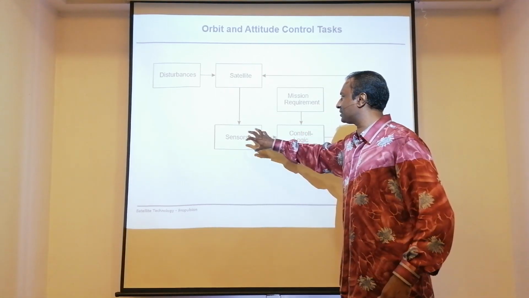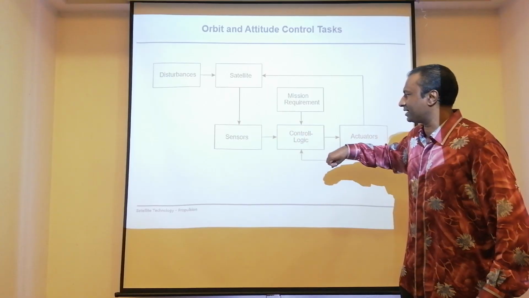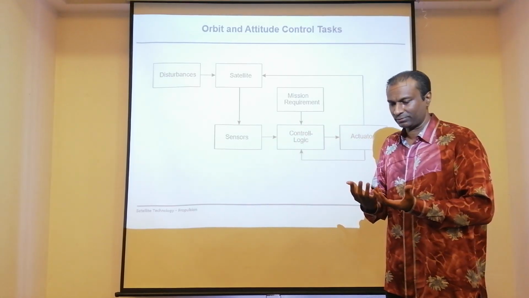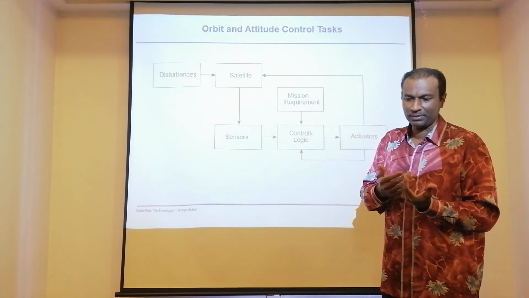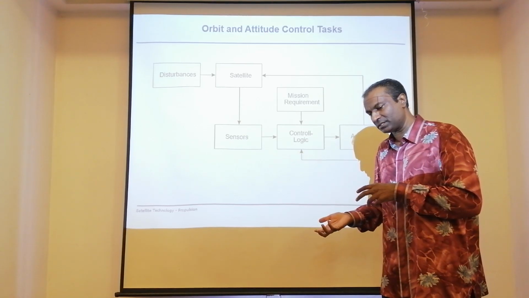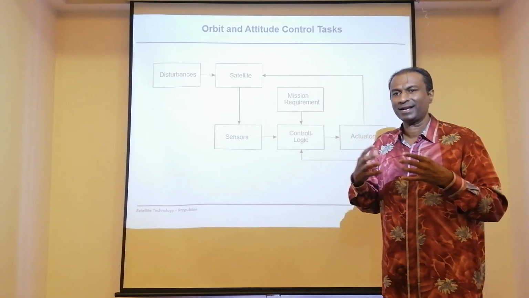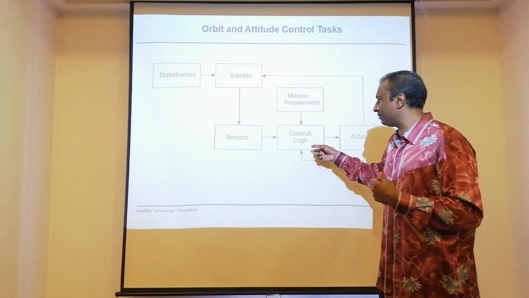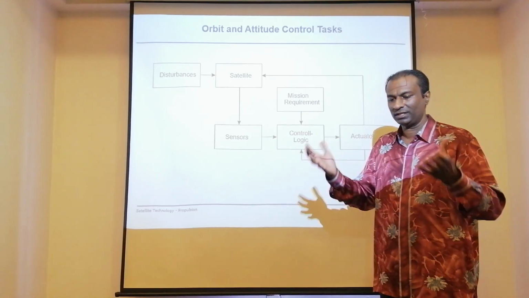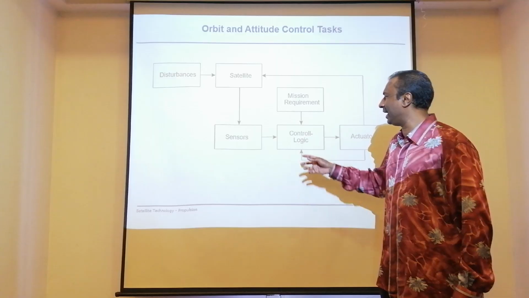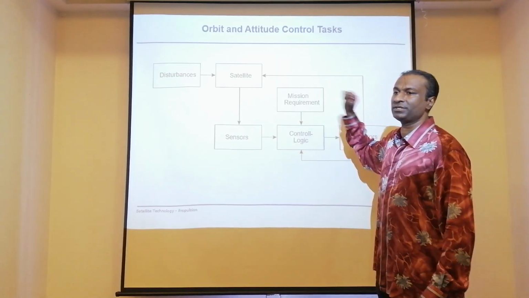So there is always a sensor. When we have the detail, when we know how much we have been disturbed and what disturbances are present and their magnitude, all that can be calculated. Then we have a control logic within the satellite itself to correct, based on the mission requirement.